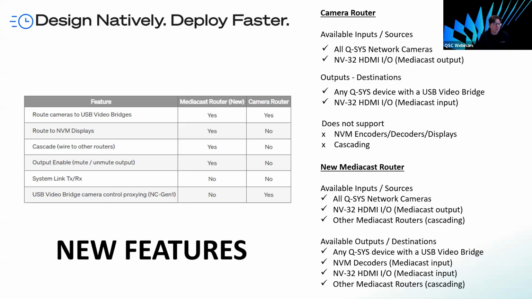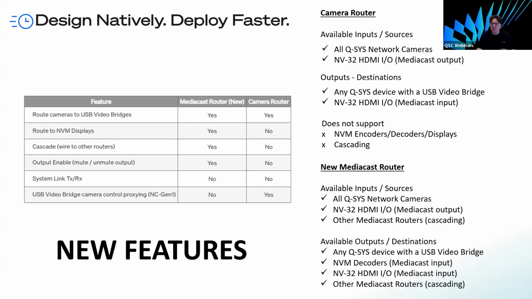Then we also can still do USB bridging. What we lose is the UVC control pass-through that the camera router did, still does actually. But basically, if you have an AV bridge and you have 4 PTZ cameras, depending on which camera is routed to it through the camera router, that AV bridging camera controls will control the various cameras.